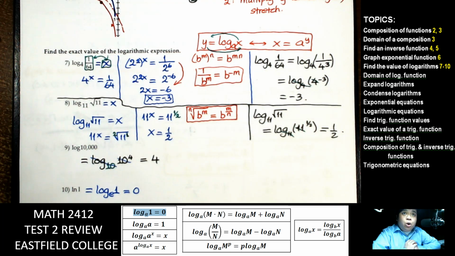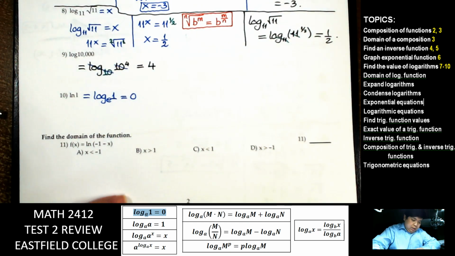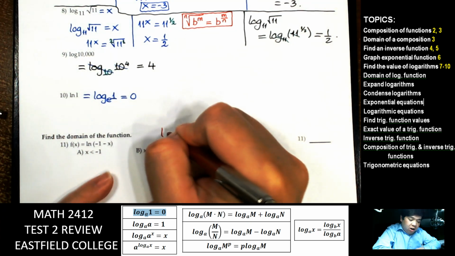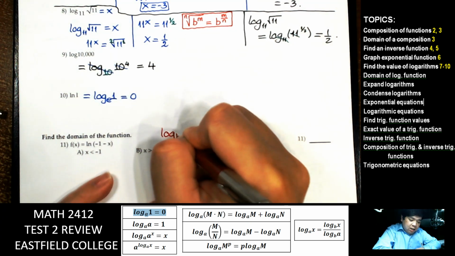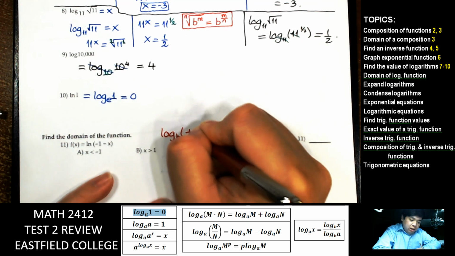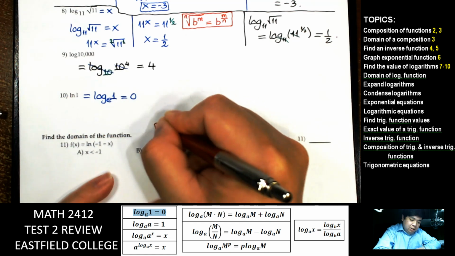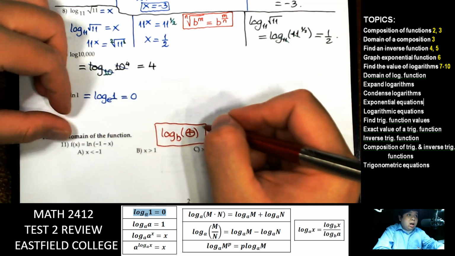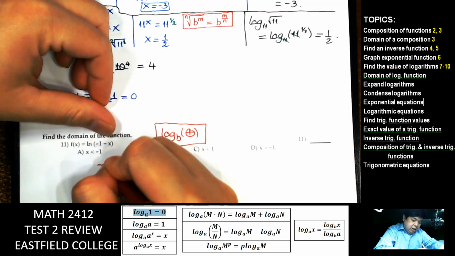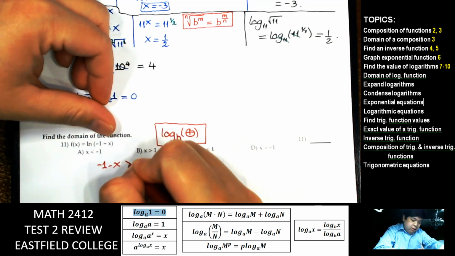Next, the domain of the logarithmic function. When we have the log of any base, doesn't matter what the base is, whatever we put in there has to be positive. So for this, we're going to have negative x minus 1 positive.